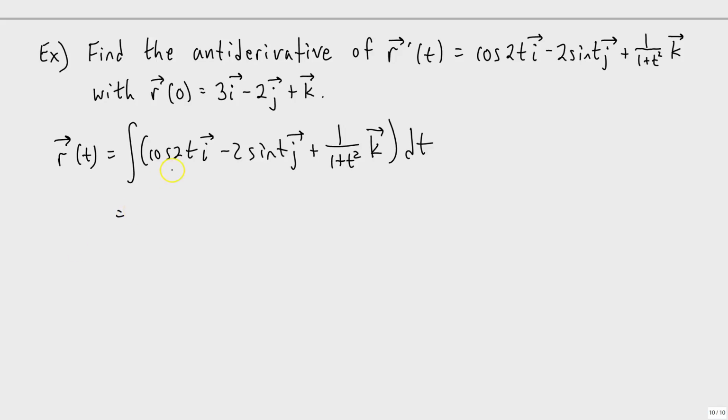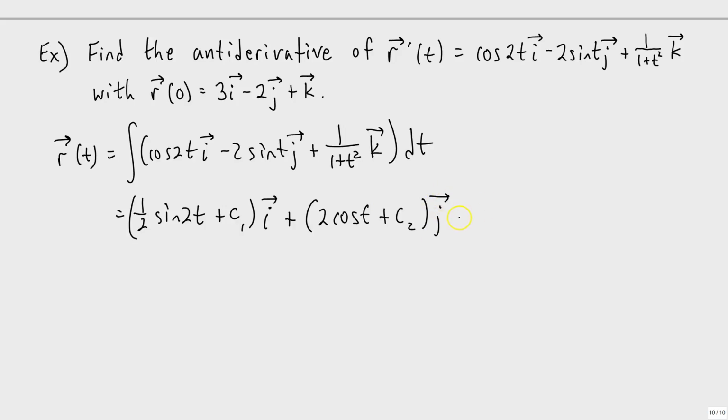Alright, so let's see what that would be. So the antiderivative of cosine 2t would be 1/2 sine 2t plus some constant. Antiderivative of negative 2 sine t, plus some constant. And the antiderivative of 1 over 1 plus t squared would be inverse tangent plus some constant.